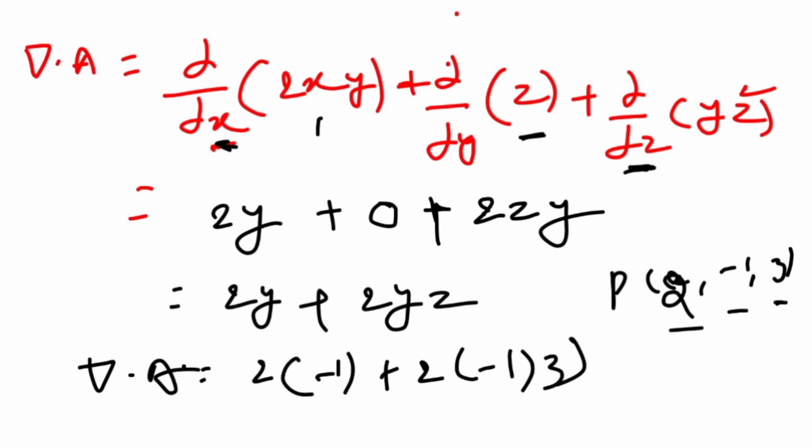After substituting, we get minus 2 plus 2 into 3, which is 6, so minus 6. That equals minus 8. Minus 8 is the answer. The divergence at point P is minus 8.